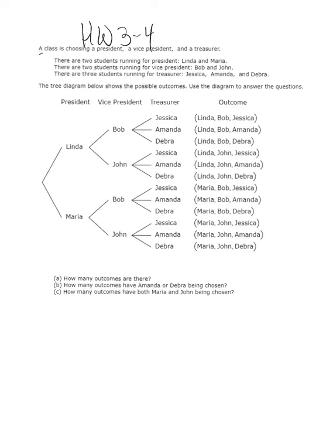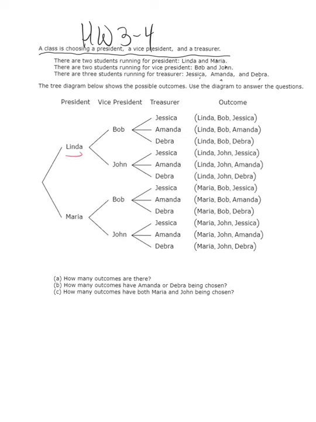In this case, we have a class choosing a president, a vice president, and a treasurer. There are 2 students running for president, Linda and Maria, 2 running for vice president, Bob and John, and 3 running for treasurer, Jessica, Amanda, and Deborah.